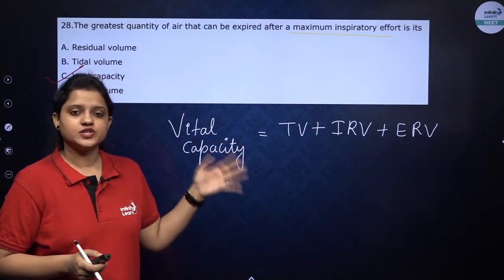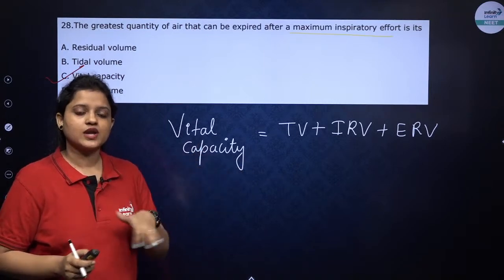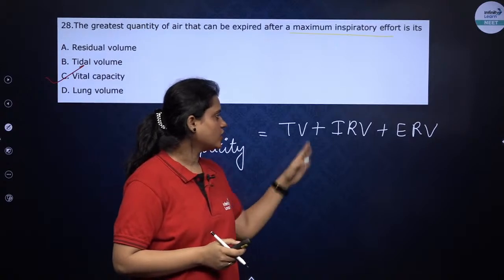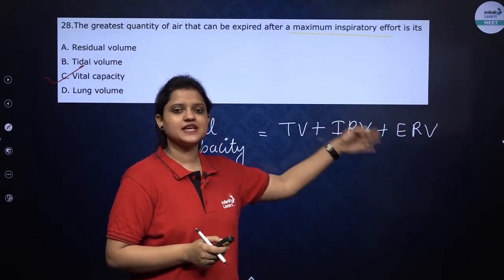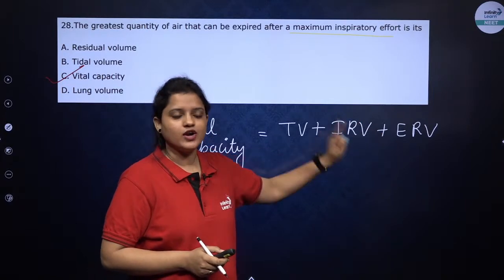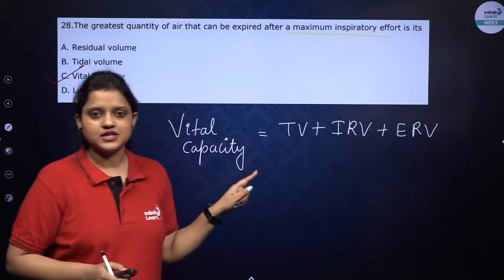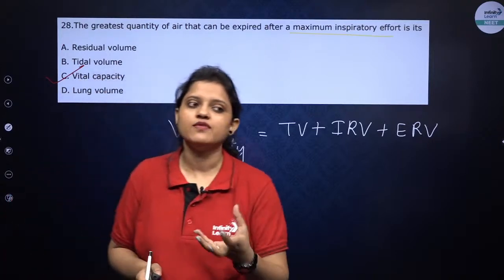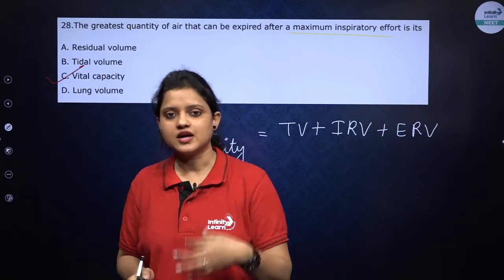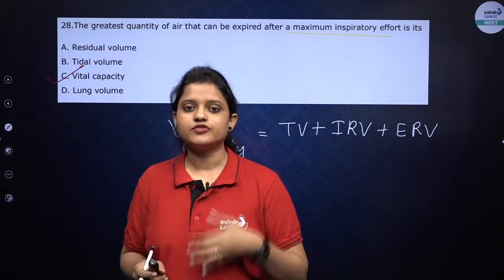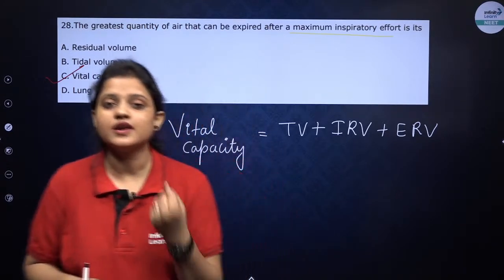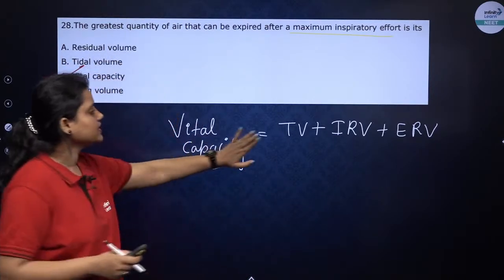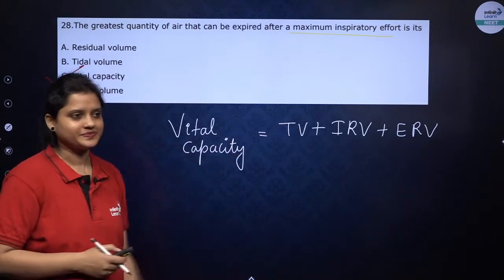ERV or expiratory reserve volume is the volume of air that you can exhale forcefully. Okay, so vital capacity will be tidal volume plus inspiratory reserve volume plus expiratory reserve volume. What is not included in vital capacity is the residual volume. And what is residual volume? Residual volume will remain in your lungs or in your alveoli even after forceful expiration to prevent your alveoli from collapsing, right? So vital capacity will be tidal volume, IRV and ERV.